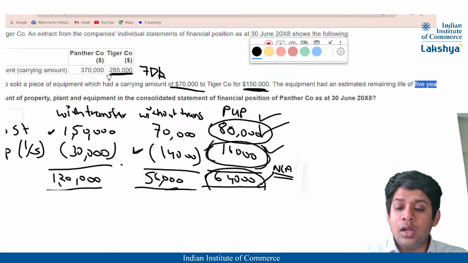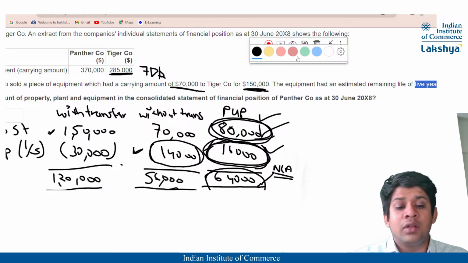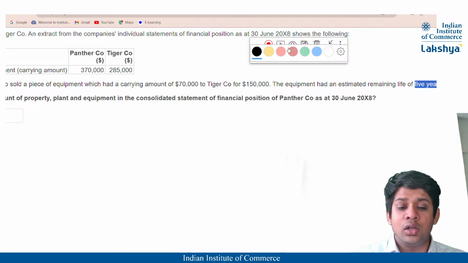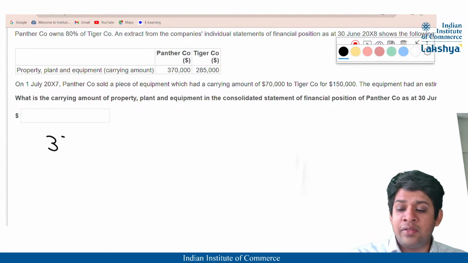So he included an additional 80,000, so that shall be eliminated. 80,000 should be eliminated, but by the year he has also reduced it by an additional 16,000. He should have reduced the depreciation only by 14,000, and that is the reason why the net reduction will be 64,000.